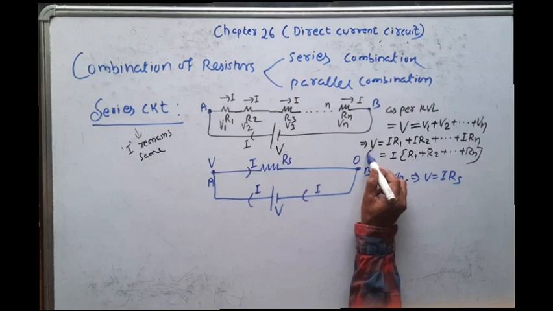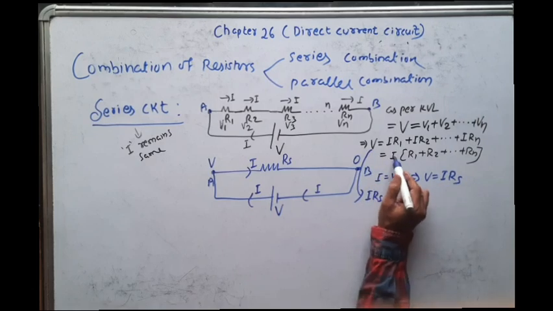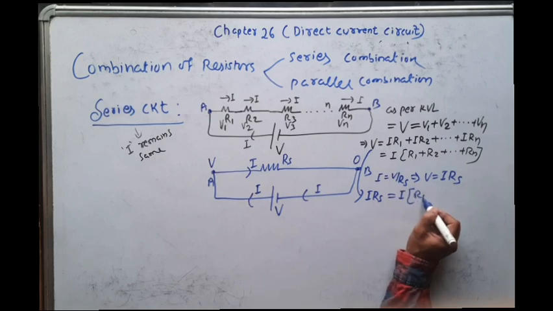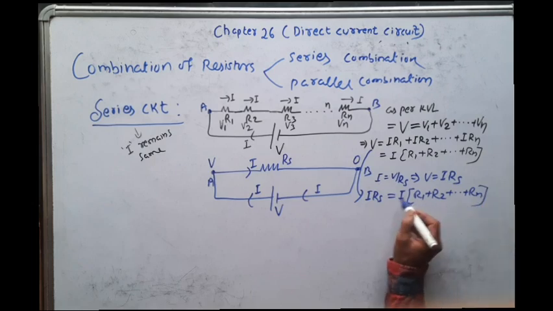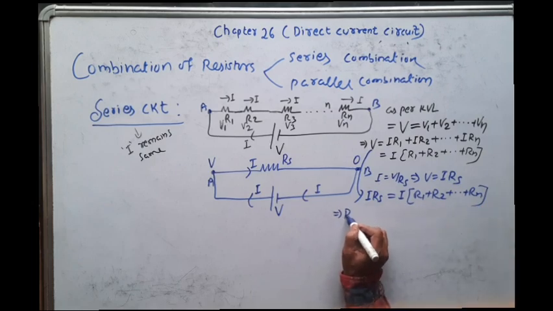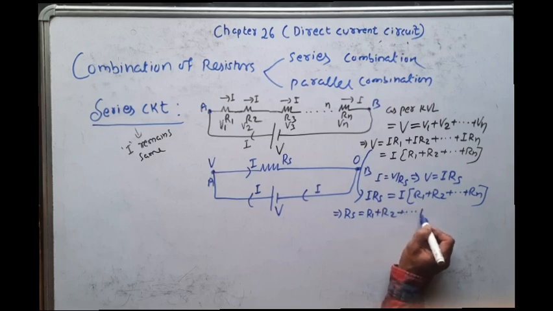Now in this V, you put I into Rs, which is equal to I into (R1 plus R2 up to Rn). So I cancels, and we get Rs is equal to R1 plus R2 plus Rn.